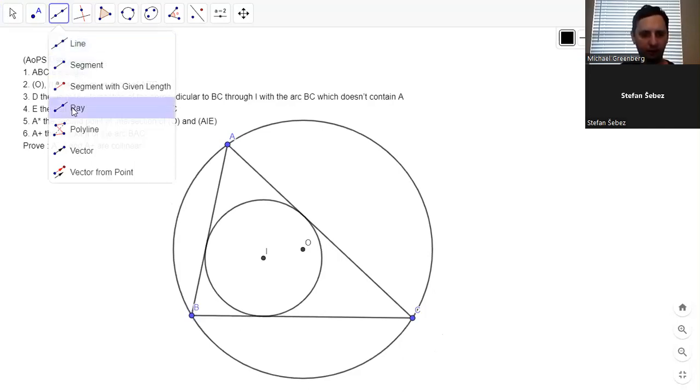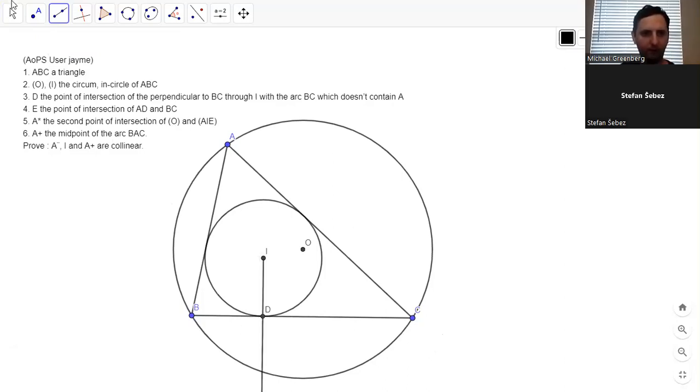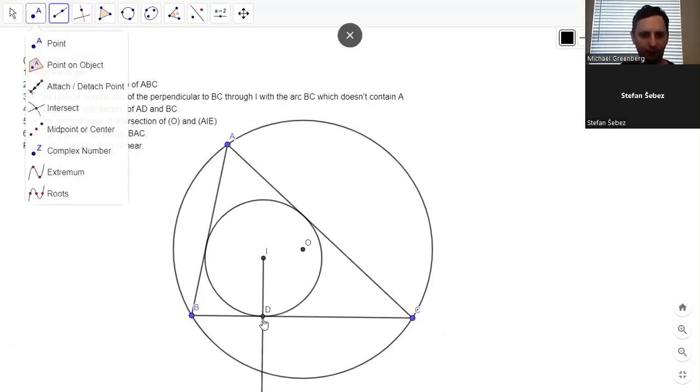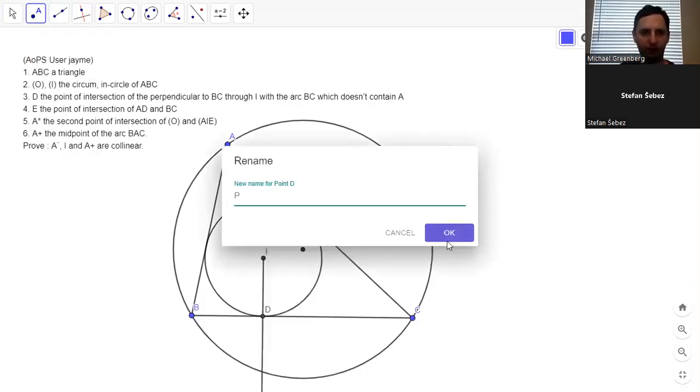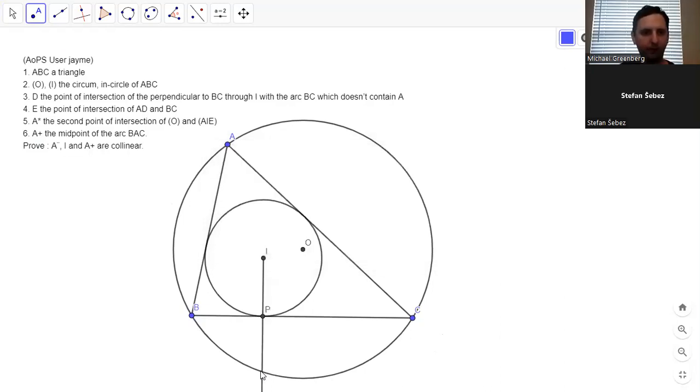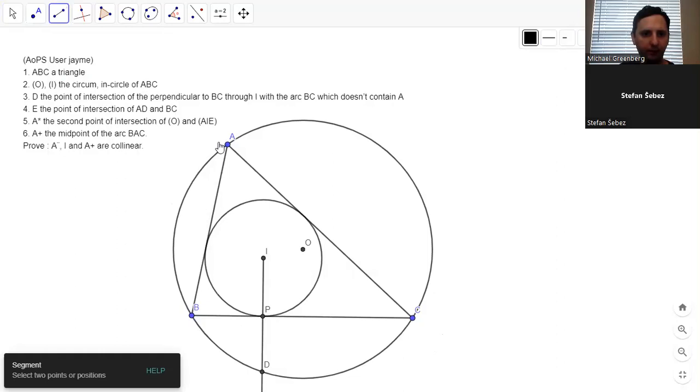All right. I'm going to draw it through the tangency point. But I'm going to have to rename this. Call it P. So this is D. And then we draw the intersection of AD and BC.